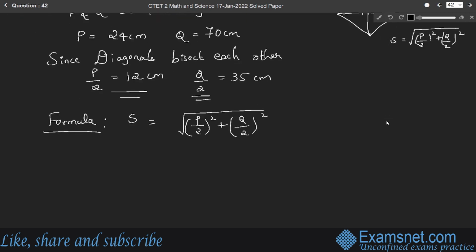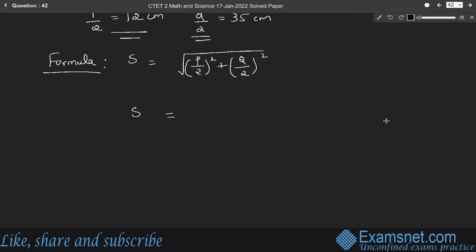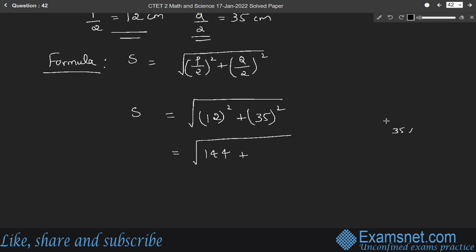Therefore, length of the side is equal to square root of 12 whole square plus 35 whole square, which is 144 plus 35 into 35, 1225.